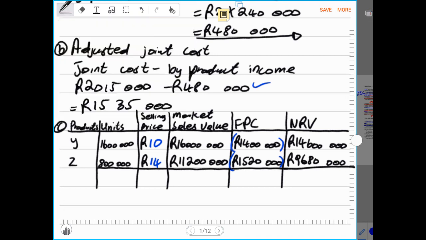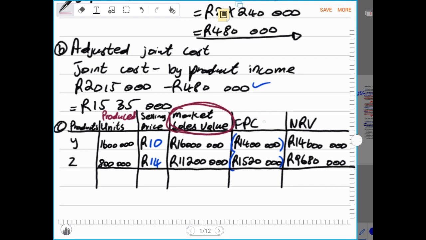which is here the market value of sales, and it was based on the units that were produced, not on the units that were sold. Then that gave us the hypothetical sales value or market value of sales.